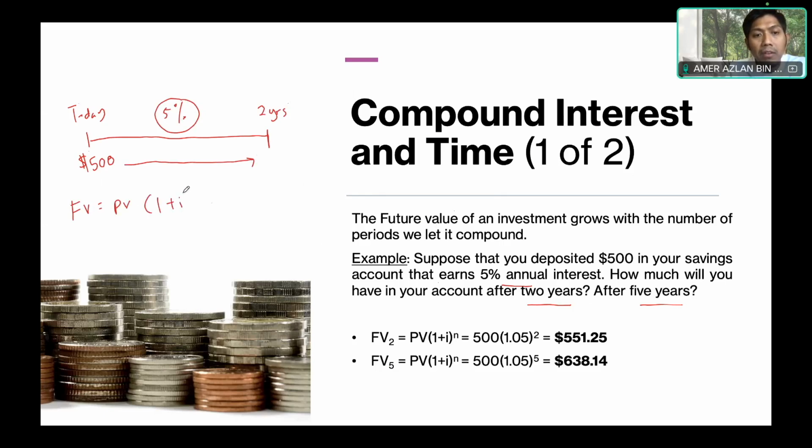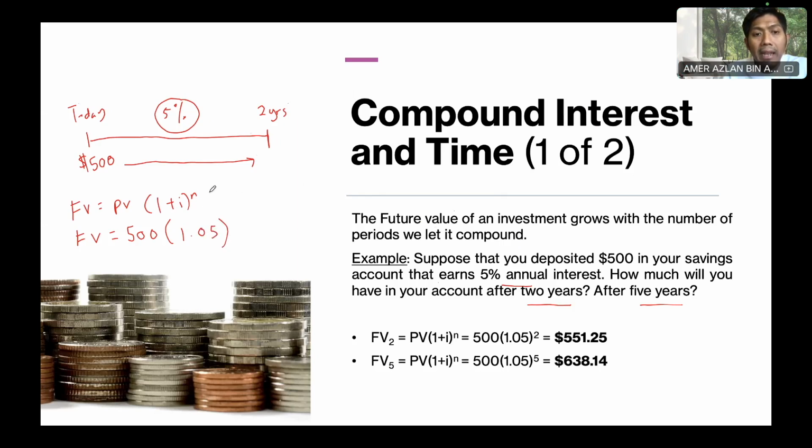So if we apply the formula of calculating future value, we call this the future value of a single sum. Why single sum? Because you have $500 and you just want to leave it there in the account and let the money grow. So what will this value of 500 be in the next 2 years? Applying this formula, you have the present value, which is the value of 500 today, 500. 1 plus I, or the interest rate, is 5%, so 1 plus 5% will be 1.05.